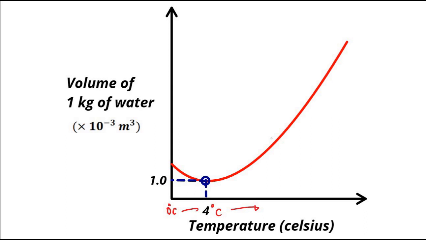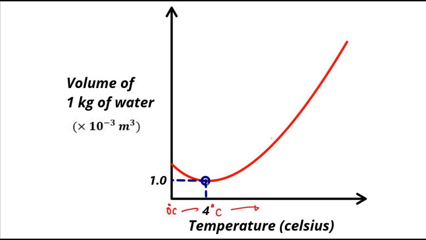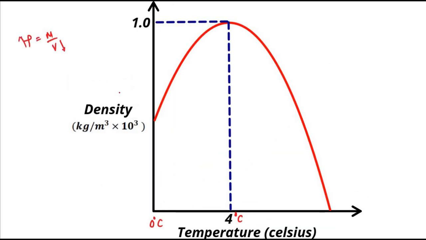Now, if we express it in terms of density and temperature, we know density is equal to mass by volume. Mass remains constant. So between 0 degrees Celsius and 4 degrees Celsius, as volume is decreasing, obviously density will increase, and since at the 4 degrees Celsius point volume is minimum, density will be maximum at this point.